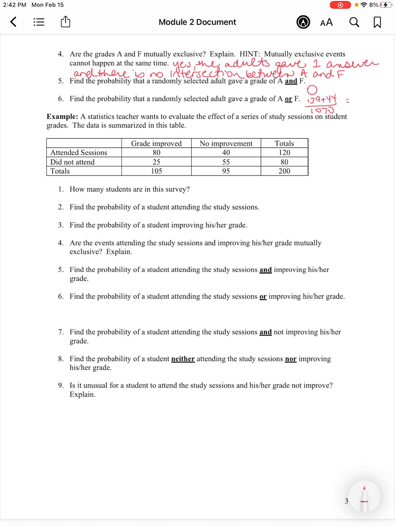And we can just add the 2 because there is no intersection, so there's nothing to divide out. So that's 183 divided by 1070, which is 0.171.